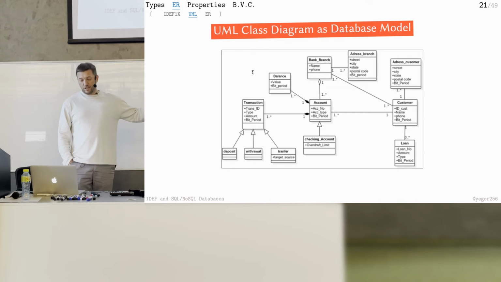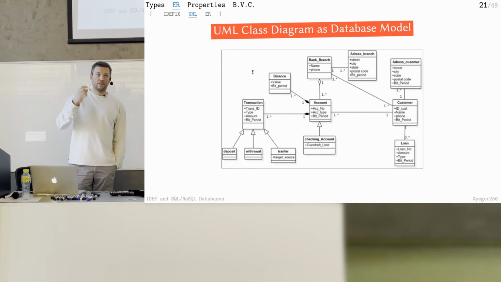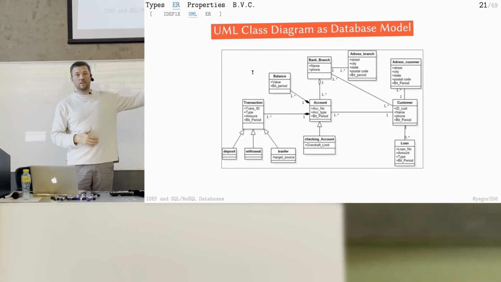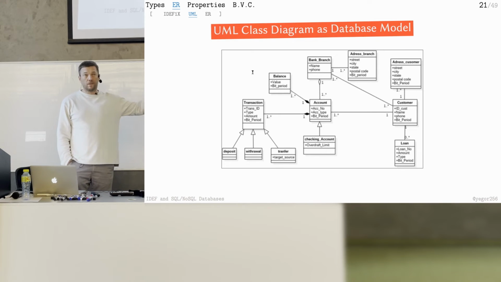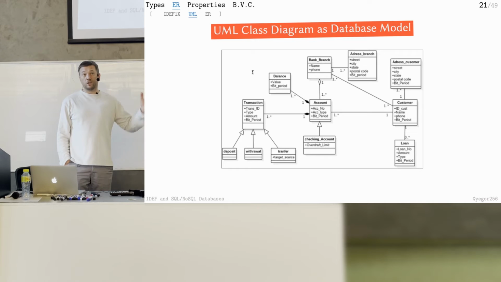But pay attention. In each rectangle in a class diagram, there have to be 3 parts: the name of the class, the list of attributes, and the list of methods. Here, as you can see, the list of methods is present, but it's always empty. That's how we design databases. UML doesn't have a special notation for designing relational databases, but people use class diagrams, which perfectly explain what it is.